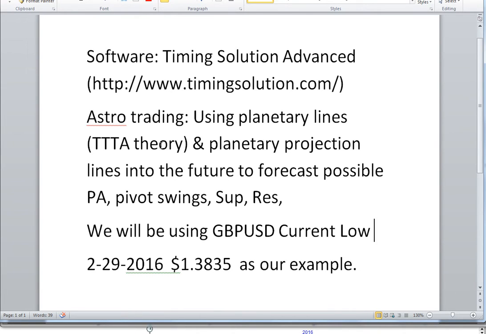I'm going to show you why I believe in my opinion there's a connection between these two, and planetary projection lines into the future to forecast possible price action, pivot swings, and support and resistance. We'll be using the pound dollar current low of the February 29th, 2016, 138.35. You know, your low might be different, but it should be pretty close as an example.